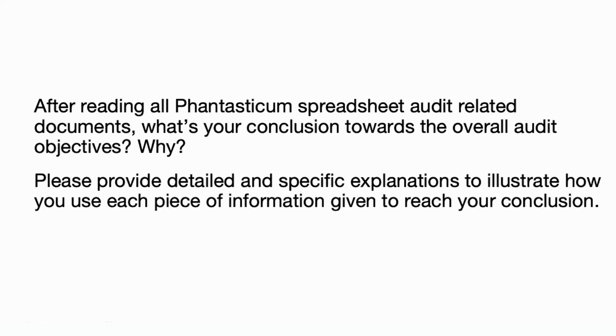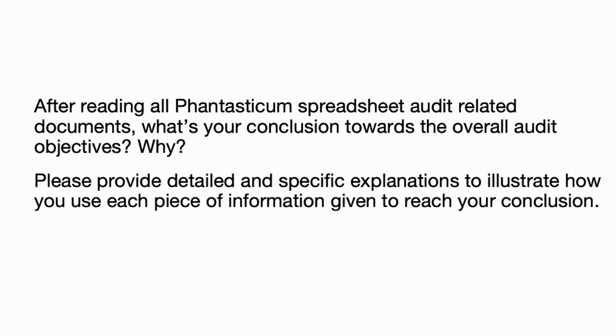The student may say, I reached this conclusion because I see something here and something there. I put them together. That's why this is my final assessment, right? So it's more about how they can integrate all the pieces of information, how they can think through the problems, and how they can rely on the contextual information about the business to reach the conclusion.